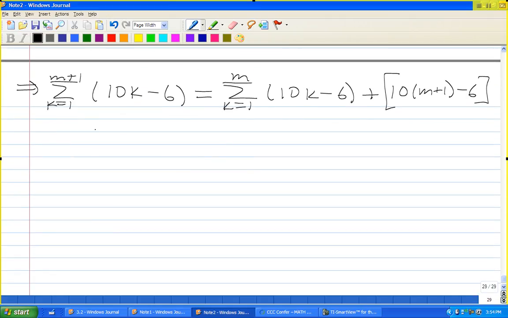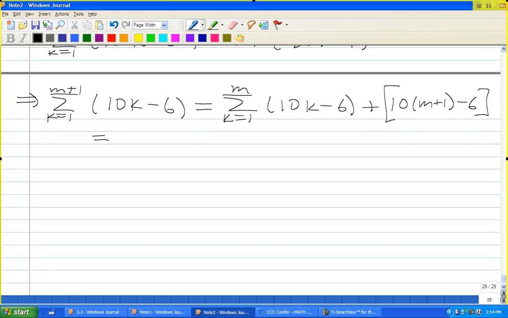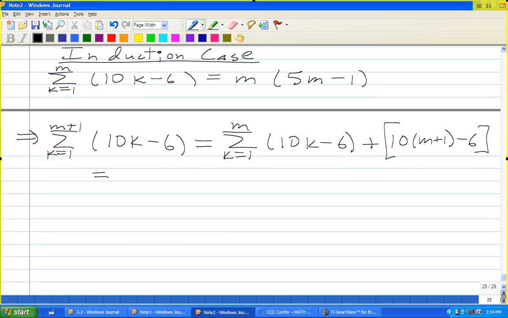By the induction hypothesis, the sum of the first m terms is just m times 5m minus 1.